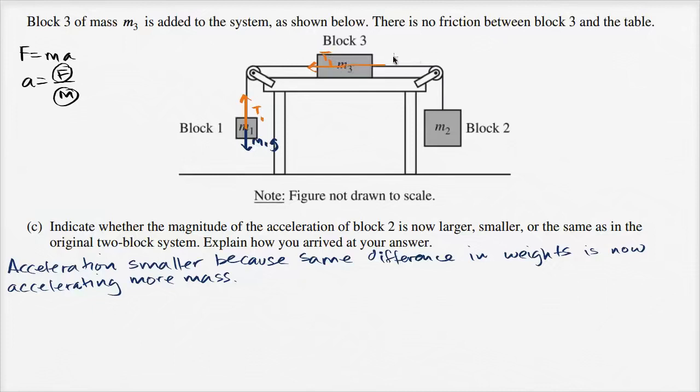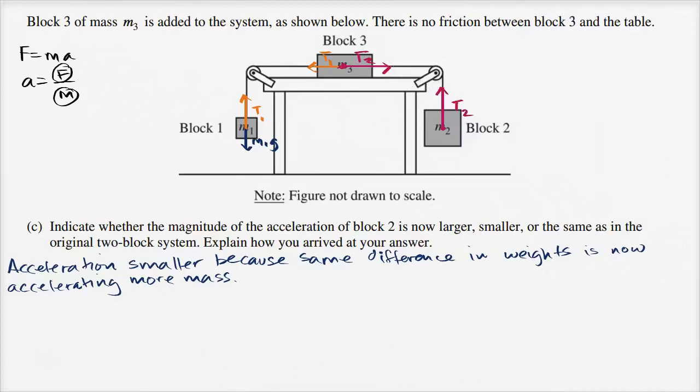So we did that in another color. I'm having trouble drawing straight lines. All right. So that we could call T2. And if that is T2, then this is going to be T2 as well, because the magnitude of the tension through the entire string is going to be the same.